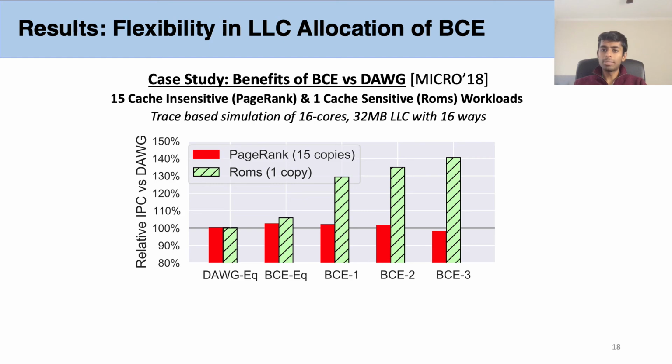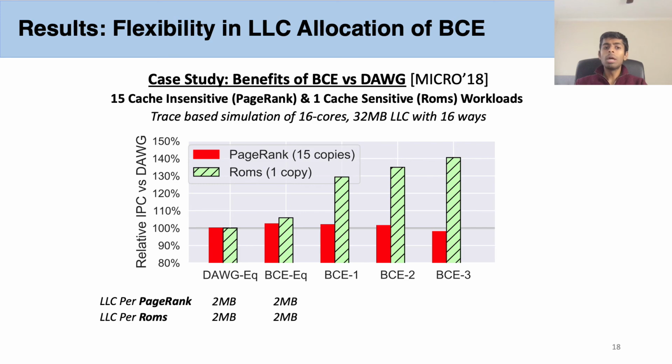Next, we look at results. To evaluate the benefits of fine-grained cache allocations, we performed a case study using a mix of cache-friendly and insensitive workloads. With a trace-based simulation of a 16-core 32 MB LLC, we ran 15 copies of cache-insensitive PageRank and 1 copy of cache-friendly ROMs, and compared the relative performance of BCE with DAWG. DAWG can only allocate equal sized 2 MB partitions which are direct mapped for all the domains.